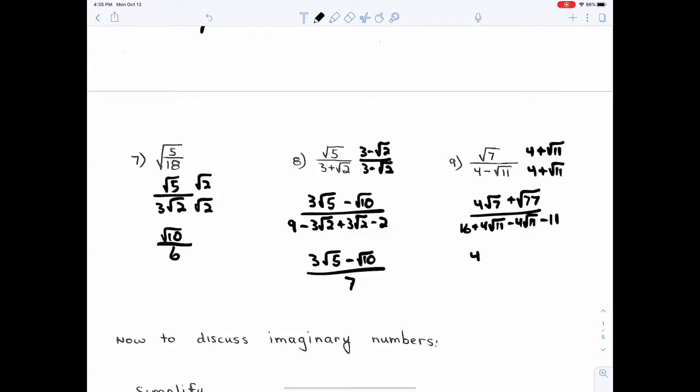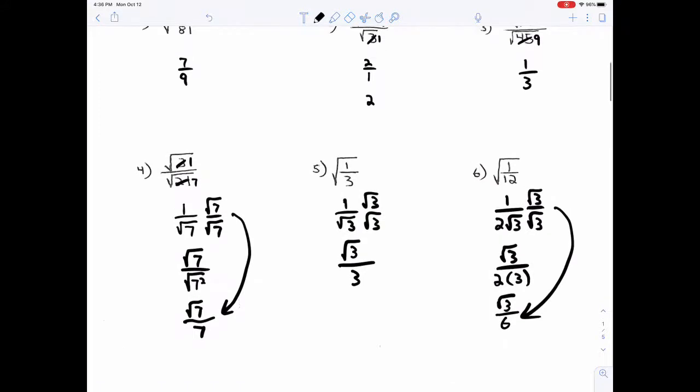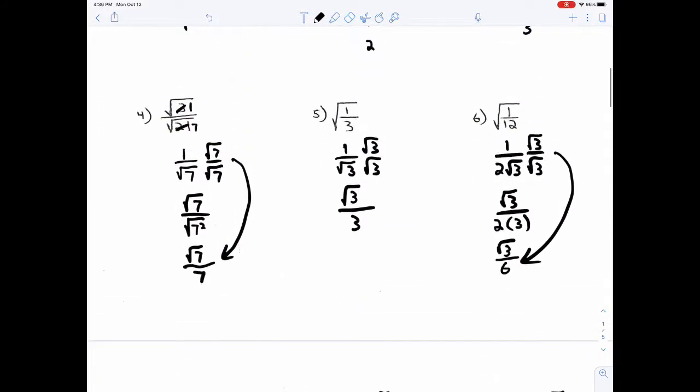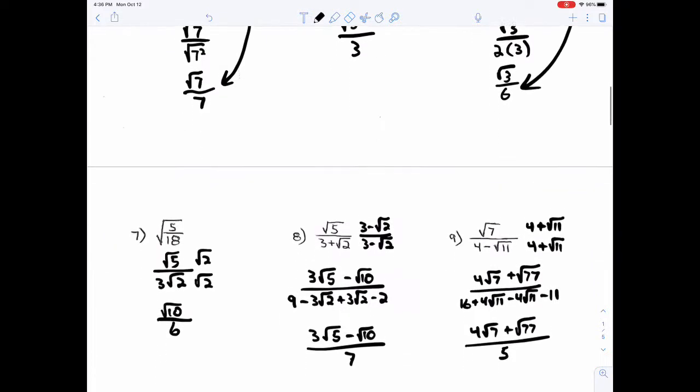So it's 4 square root of 7 plus square root of 77 all over 16 minus 11, which is 5. All right, that's all introduction. Numbers 1 through 3 are review. Numbers 4 through 9 are how to rationalize. Make sure you understand that before you go on.